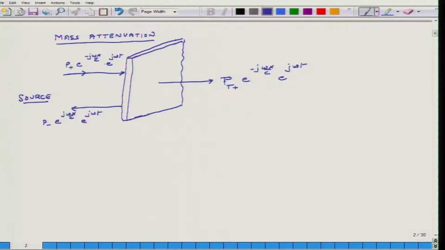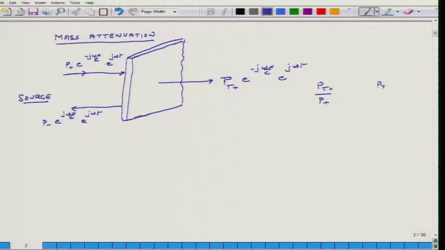What are we interested in? We want to figure out how effective this wall is in reducing the noise which is getting transmitted. So essentially I am trying to figure out the ratio of Pt to P plus. I am going to later drop the plus term for Pt because there is no reflected sound here.